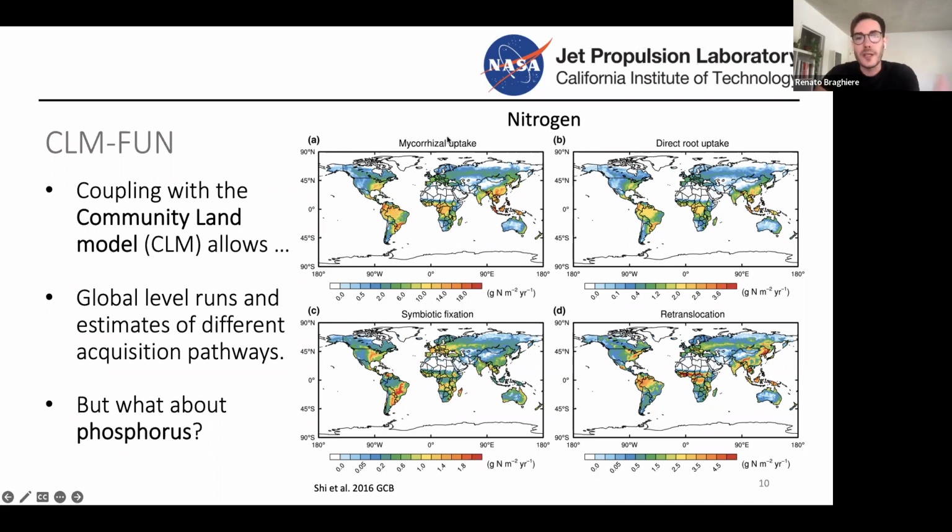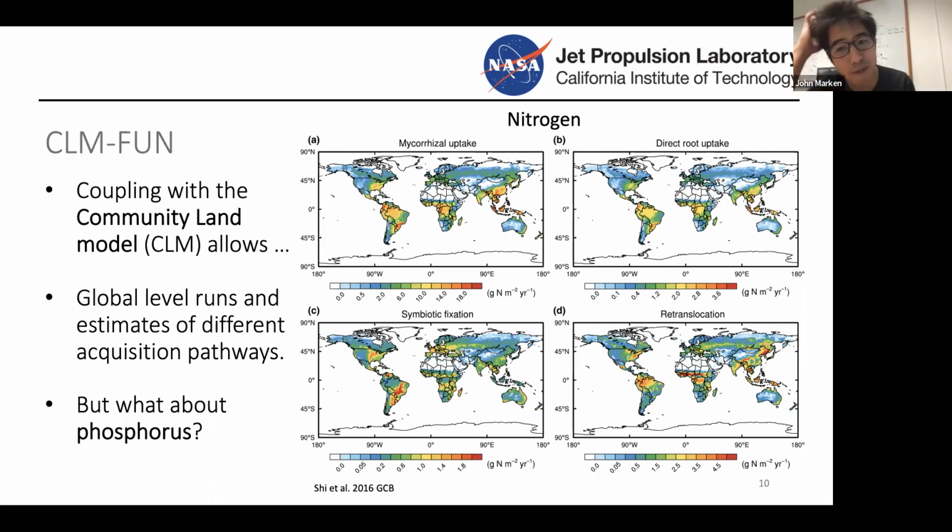And the beauty of doing, sorry, Renato, can I ask a question here? Sure. So maybe I'm not fully understanding how the FUN model works, but is the implication here that the data you're fitting to was able to isolate each of these individual potential paths? Or are you saying that actually it was just kind of a homogeneous thing and you're making an assumption that these are the paths and the real biological system is taking the path of least resistance, so to say?